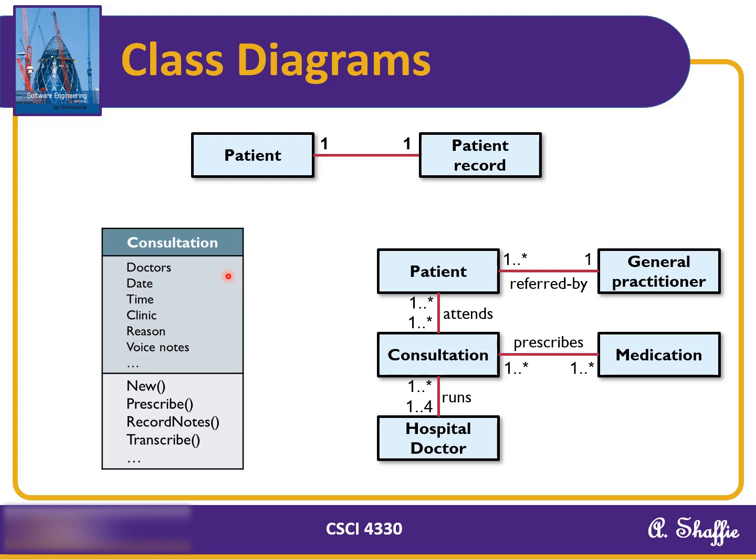Who is the doctor that runs that consultation, the date, the time, the clinic, whatever attributes that you have, followed by the methods or functions that can run through this object, like having a new consultation, prescribe certain medication, record notes, transcribe, or whatever. We will build all these details for all the classes that we have, not just for one of them.